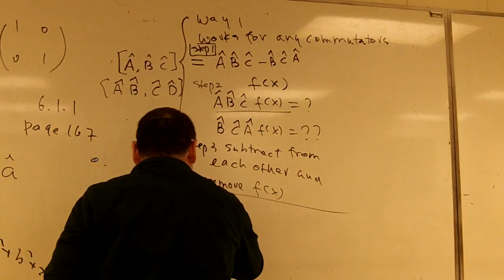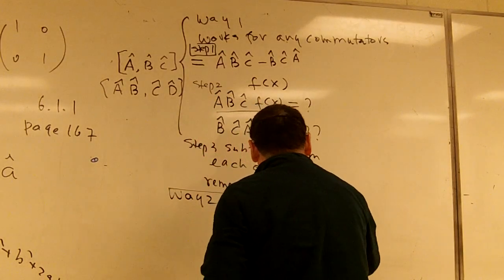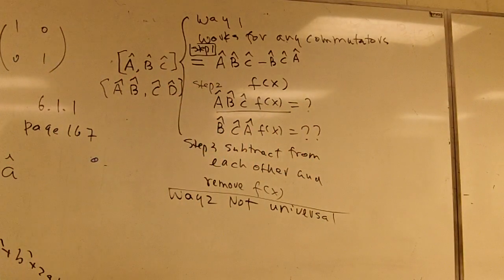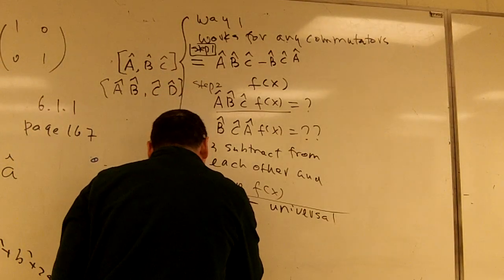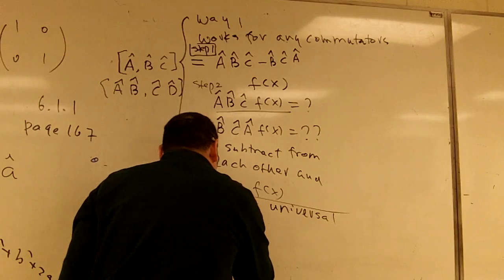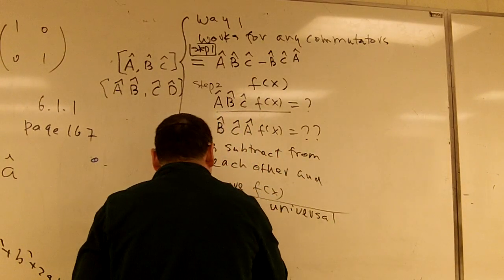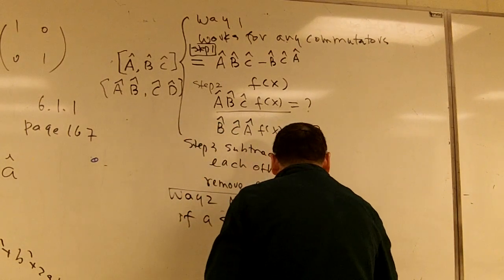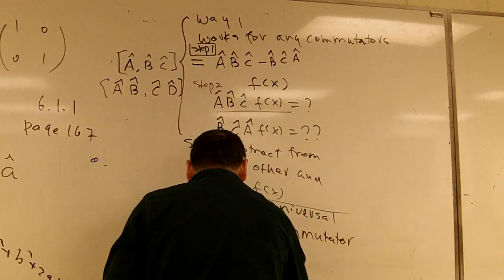Now, way number two is not universal, but sometimes it could be quicker. The condition is that a simpler commutator is known.